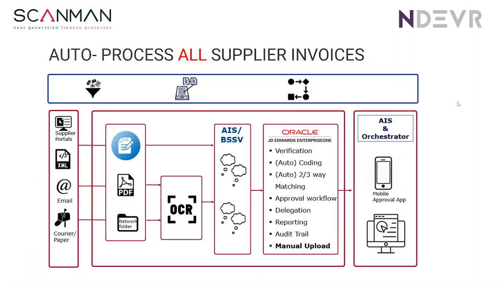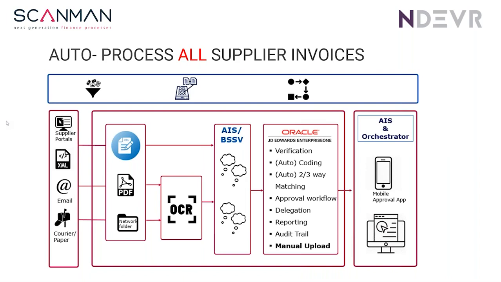All right, and to give you a little bit of an idea how this works, you see the picture in front of you. This is the way that the supplier invoices are processed within the system. If we go to the left-hand side of the picture, you see the receiver methods that we standardly support.